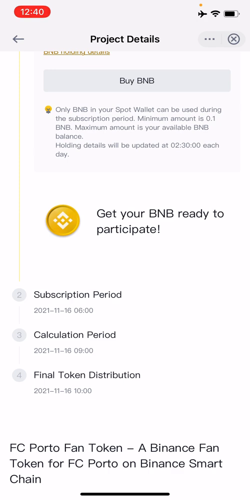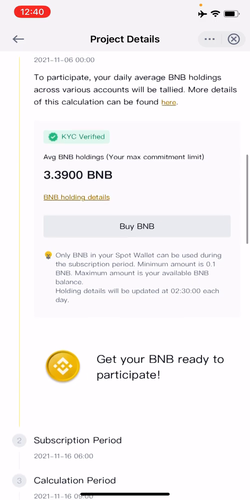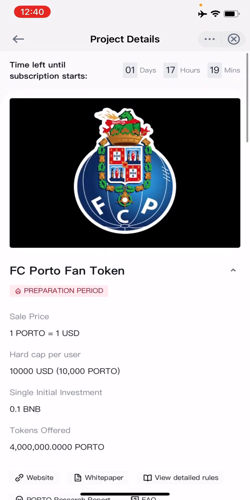And if you are fast, you set your alarm, you can just go to the spot trading, get your USDT ready or your BUSD ready, and then go to the spot trading platform and buy some FC Porto for cheap, like for $1 or $2 or less, and then you wait till the price goes up, and then you can sell it back.